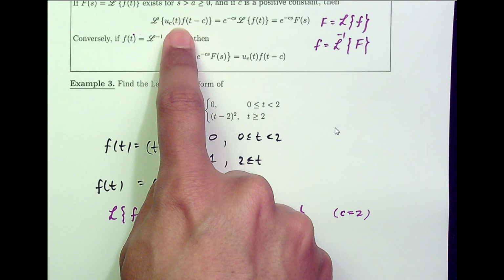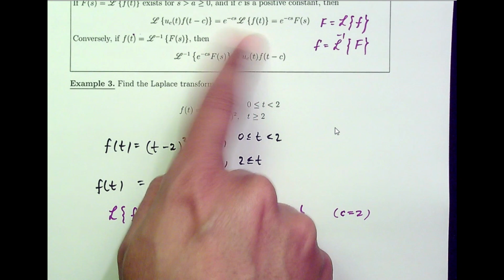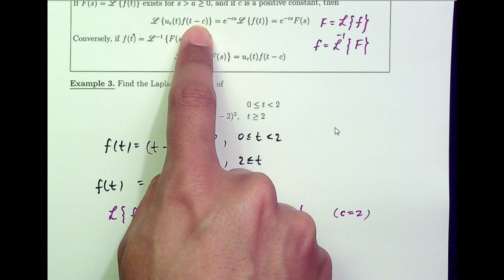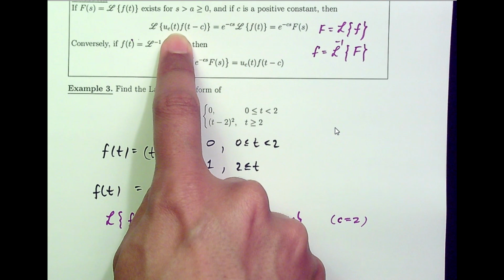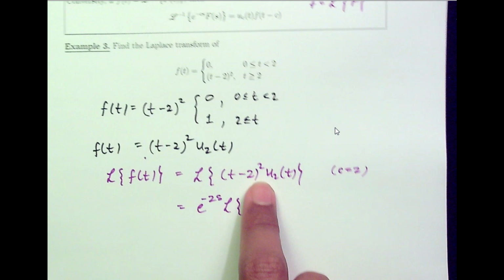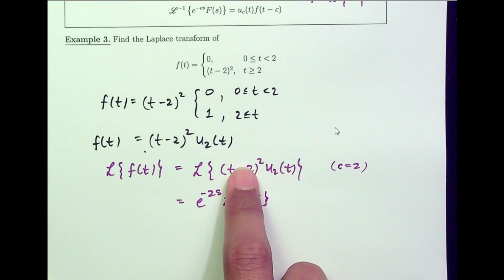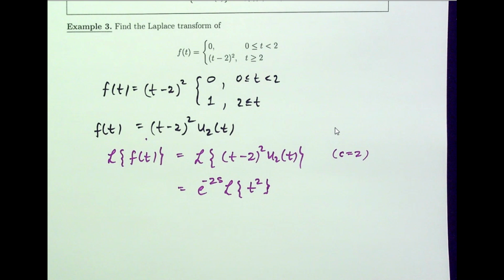As long as the numbers match, this is e to the minus cs times the Laplace transform of f, where f is what is next to the u without the translation, without the minus 2 part. So it will be t squared, times the Laplace transform of t squared.